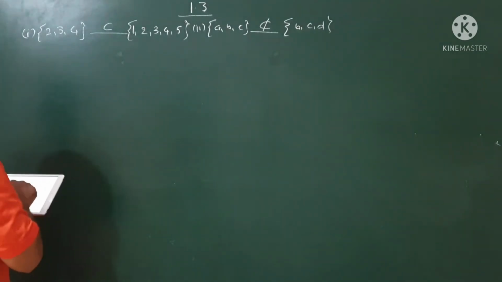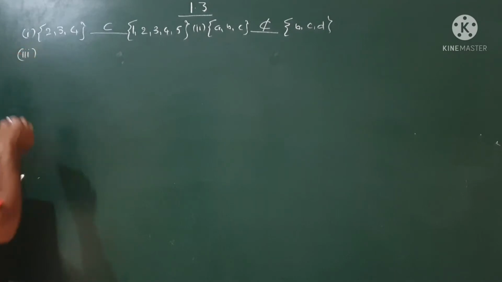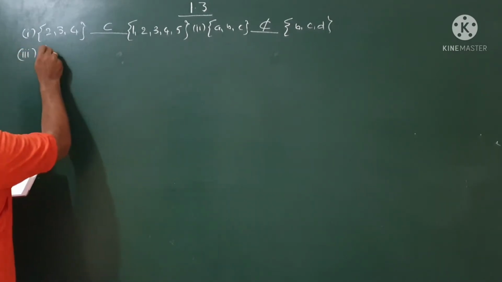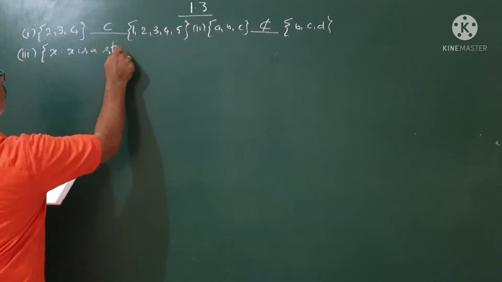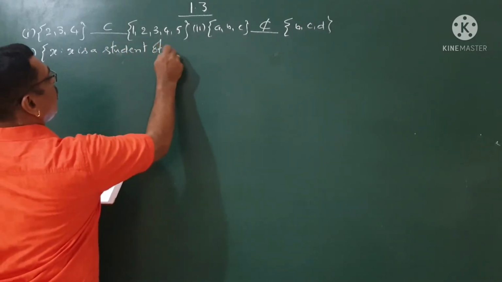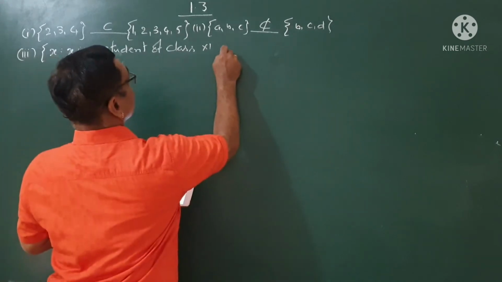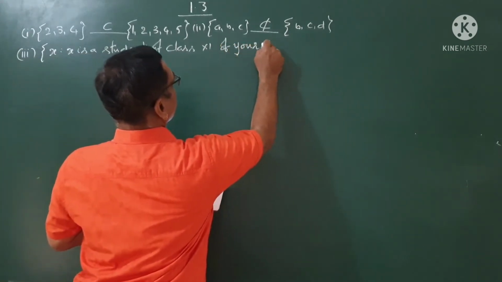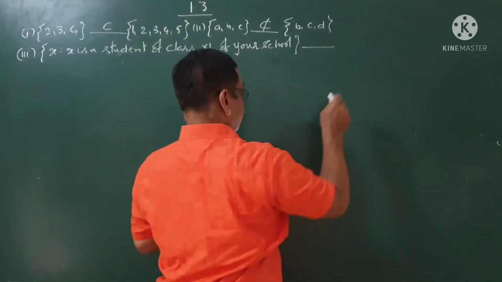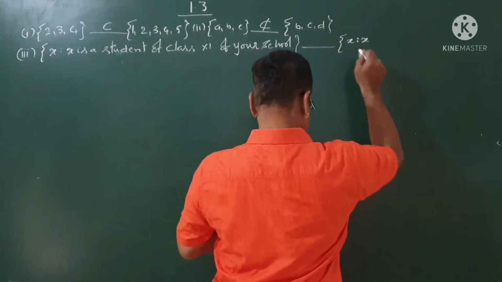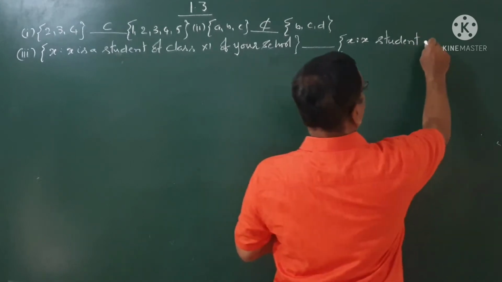Next, third. {x : x is a student of class 11 of your school} dash {x : x is a student of your school}.